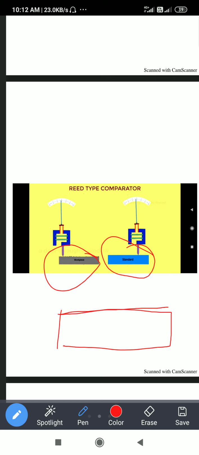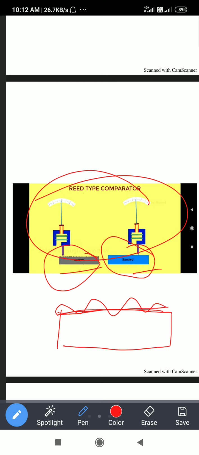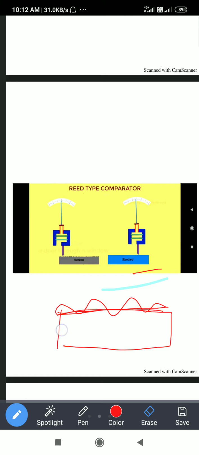There is another workpiece whose upper surface is zigzag or flat. You are going to compare this workpiece dimension with the standard with the help of this comparator. This is how the comparator is used.